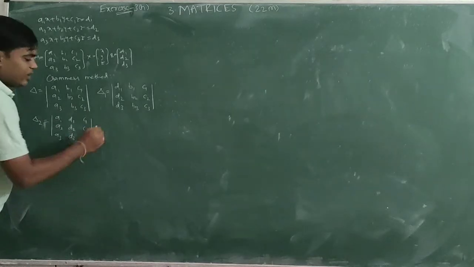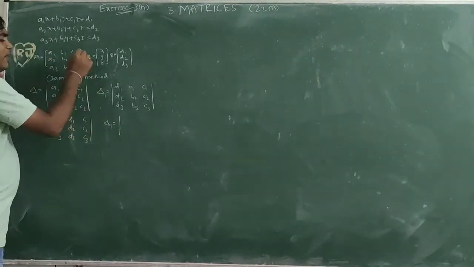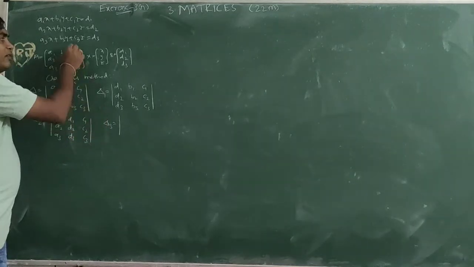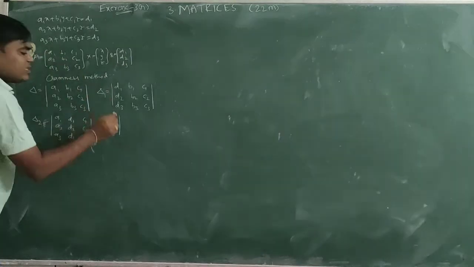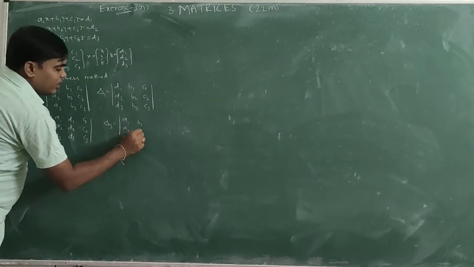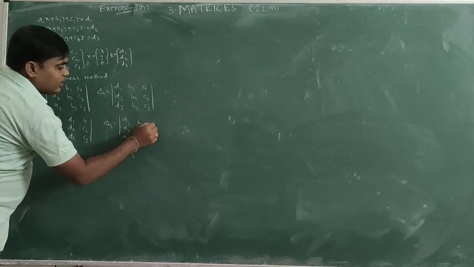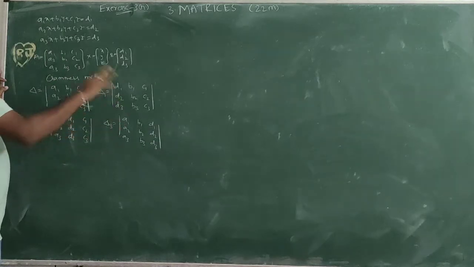This is delta 2. Next, delta 3. Delta 3 equals replacing the third column of the coefficient matrix with the constant matrix: a1, a2, a3, b1, b2, b3, d1, d2, d3. So we need to find these four determinants.